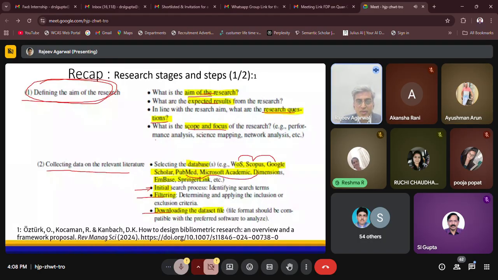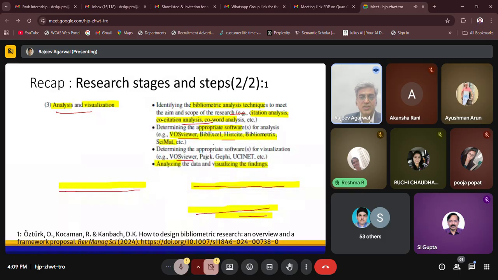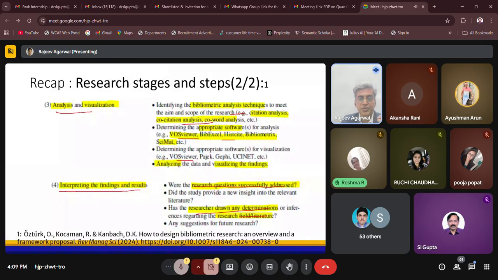Performance analysis, science mapping, and network analysis. How I am doing the PRISMA analysis: download the data sets, then co-citation analysis, citation analysis with the help of visualization, where the research questions are successfully addressed.